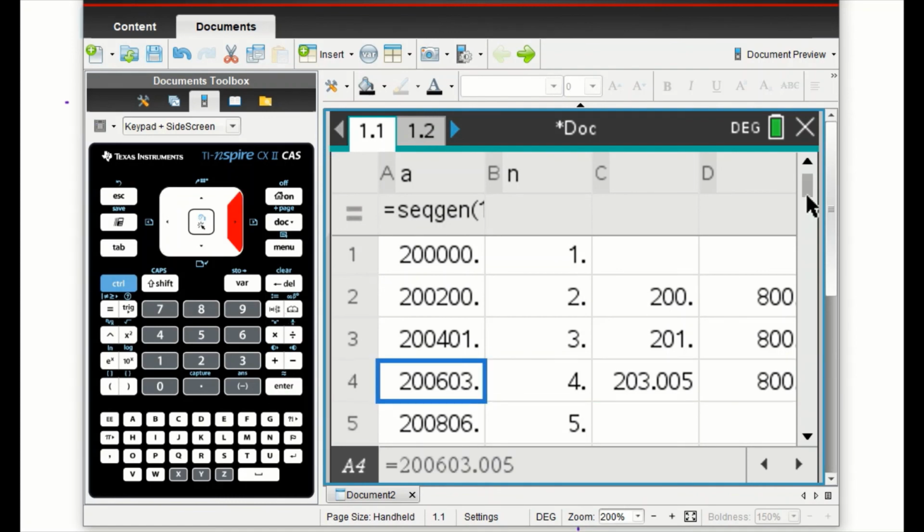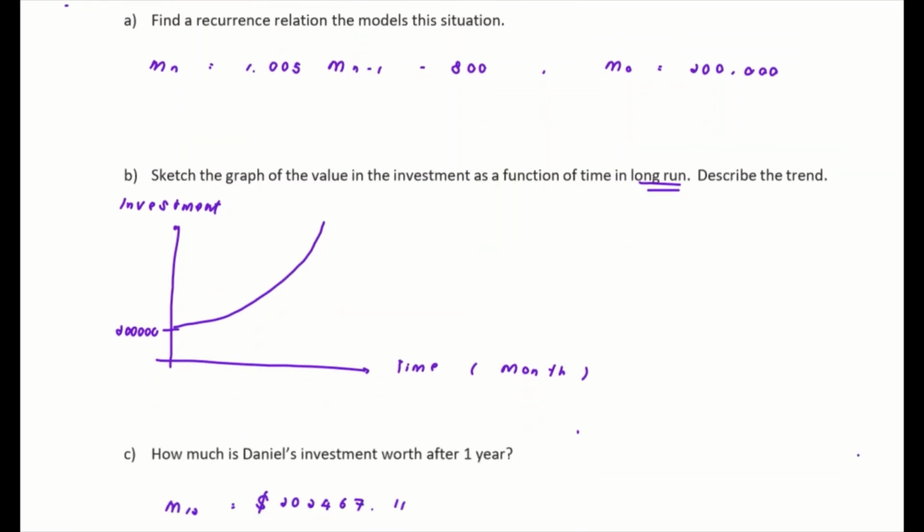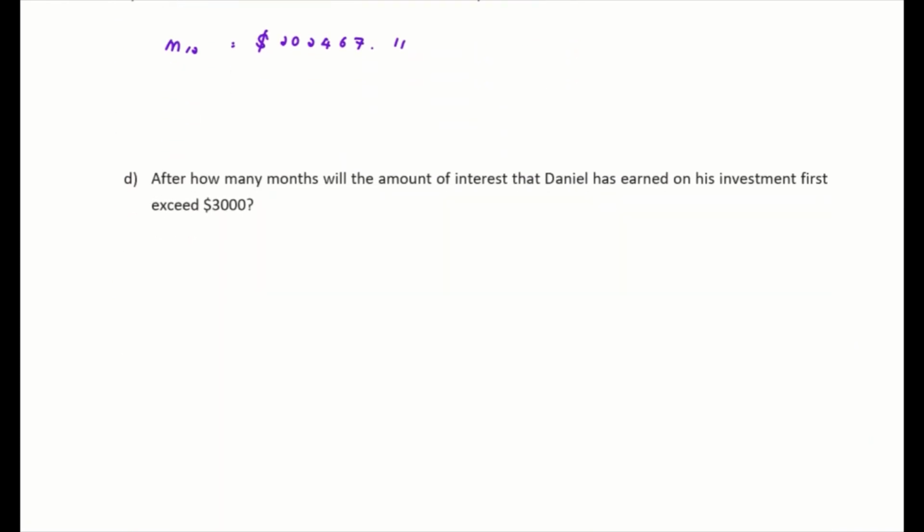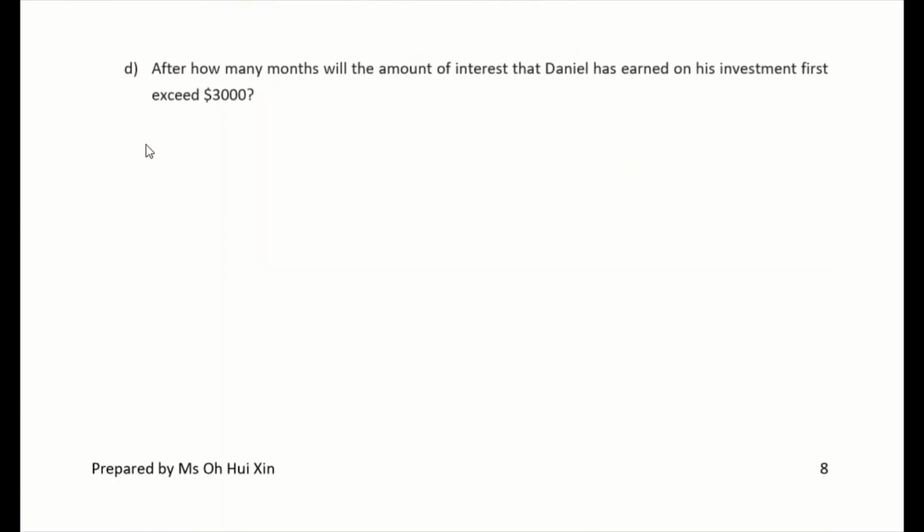From the sequence, maybe you can write like this. Our money at month 0, then M1, M2, M3. Our M0 just now is 200,000.